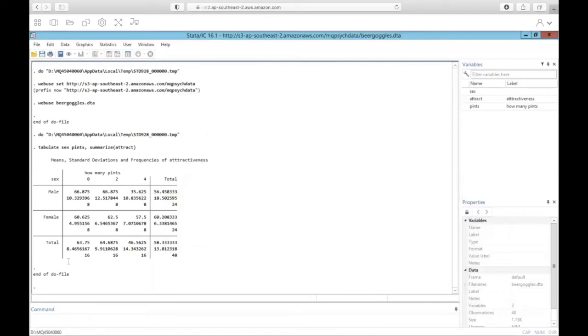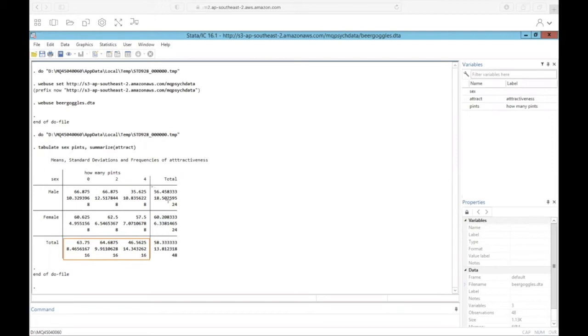Remember that the marginal means are the influence of one independent variable averaged across the other independent variable. So for example, we have pints represented in columns with the marginal means for pints at the bottom. This is the average attractiveness rating for everyone who had 0, 2, and 4 pints of beer, regardless of gender.